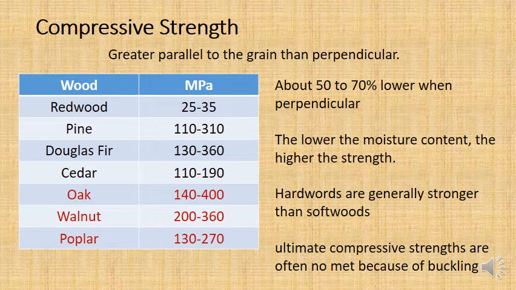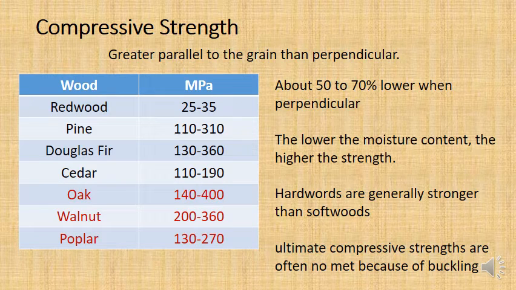Now, one thing that is quite impressive with compressive strength is that with tensile strength, the moisture content didn't really have any influence on the strength. But with compressive strength, generally the lower the moisture content, the higher the strength. Also, with tensile strength, there wasn't really any difference between hardwoods and softwoods.